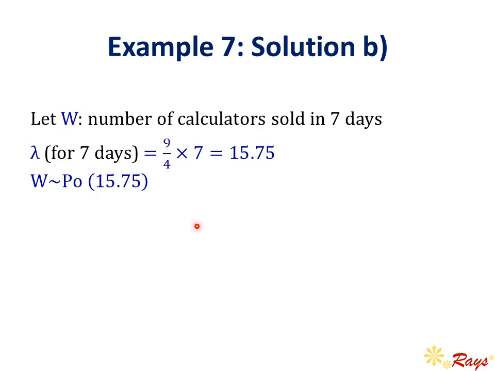So now we can write W as a Poisson distribution with lambda 15.75. Expectation of W is equal to lambda, and lambda is also equal to variance. Therefore, the answer for expectation and variance of W is 15.75.